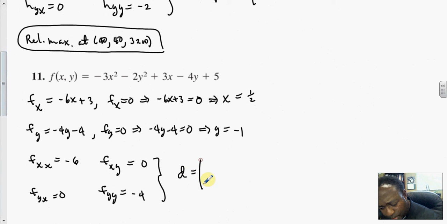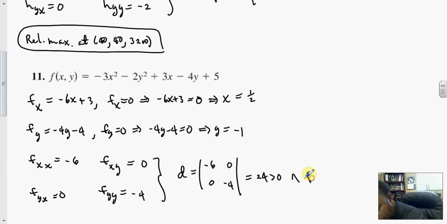So the determinant, negative 6, 0, 0, negative 4, gives us positive 24. It's positive. And the second partial of f with respect to x is negative. So again, if the concavity is negative, we have a relative maximum. Relative maximum.